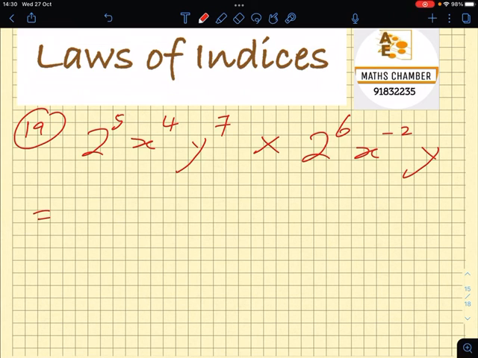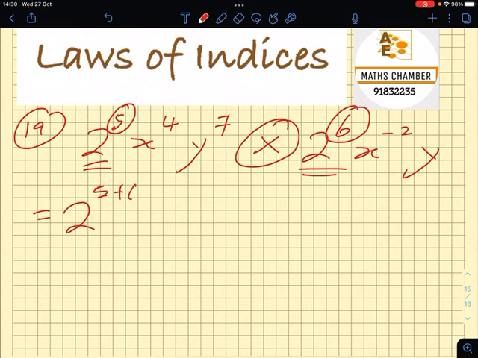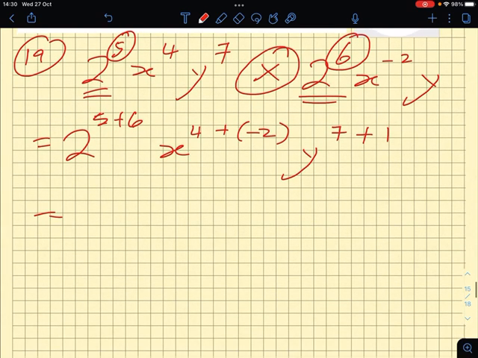So the 2s we can combine, it's multiplied, so we add the indices. 5 plus 6, x power 4 plus negative 2, and y 7 plus 1. So what we have is 2 to the power of 11, x to the power of 2, and y to the power of 8. Done deal. Simple.